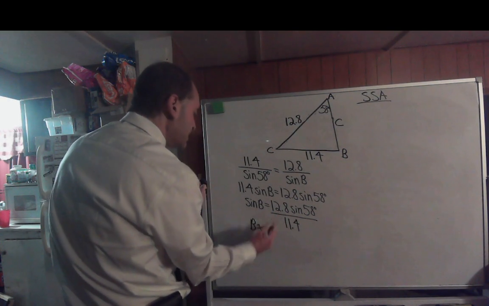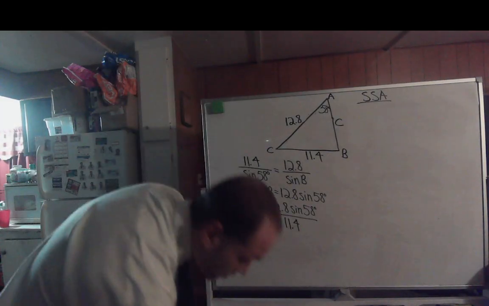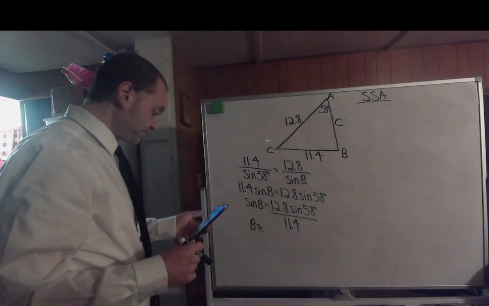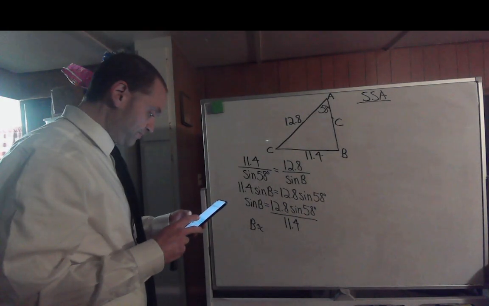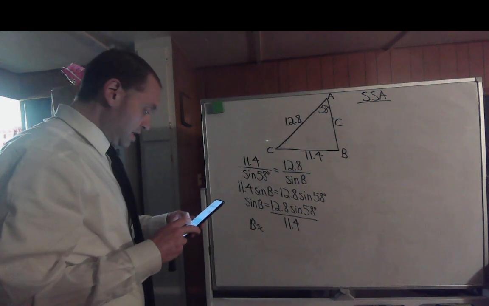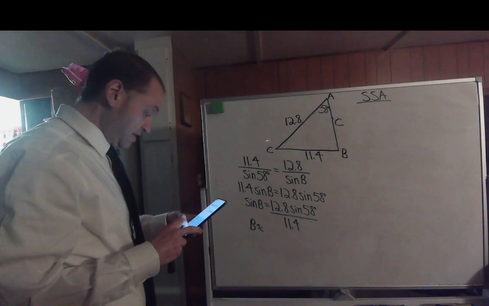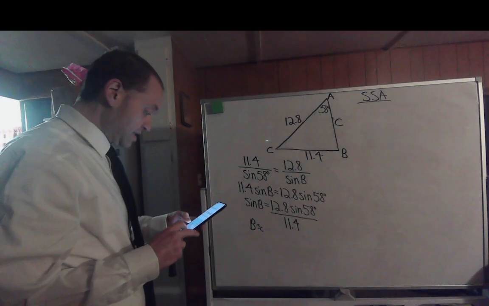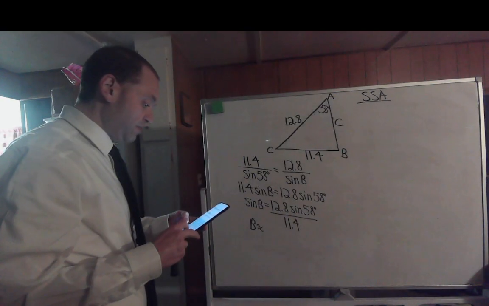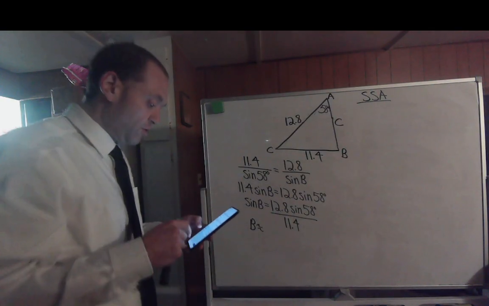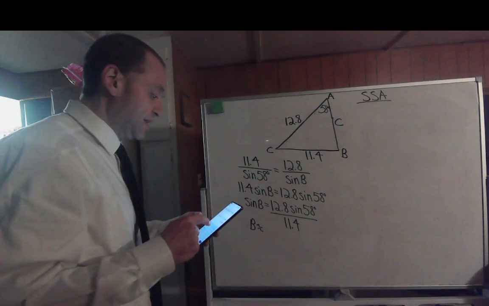So let's take the inverse sine of all that, see what we get. Times the sine of 58. Divide that by 11.4. This will definitely work. We get approximately 0.95, so we know that's in the domain.